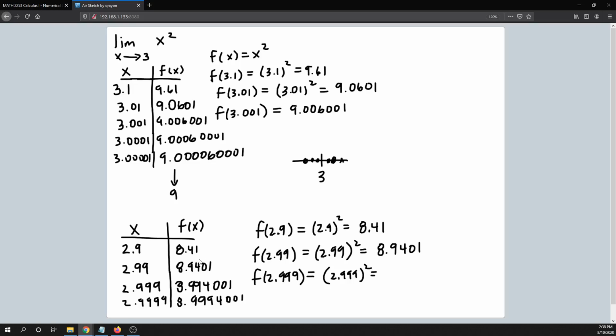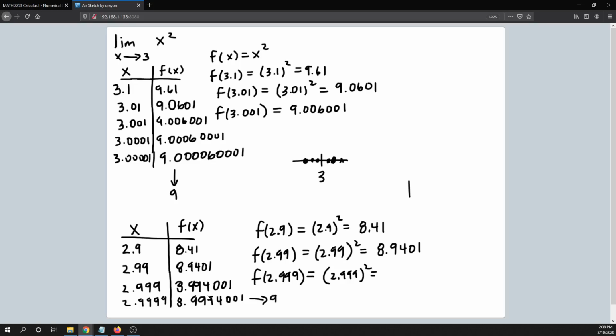Okay, so these values of x are getting closer and closer to 3, and I plug them in and look at these values, asking: are these numbers getting closer and closer to one single specific number? The answer here is yes. If we follow the same pattern, these numbers are getting closer and closer to 9. That meets the definition of the limit.